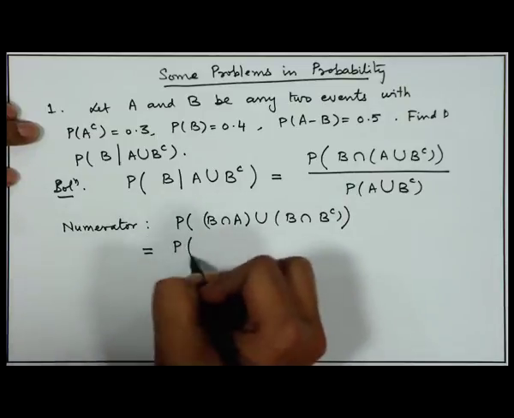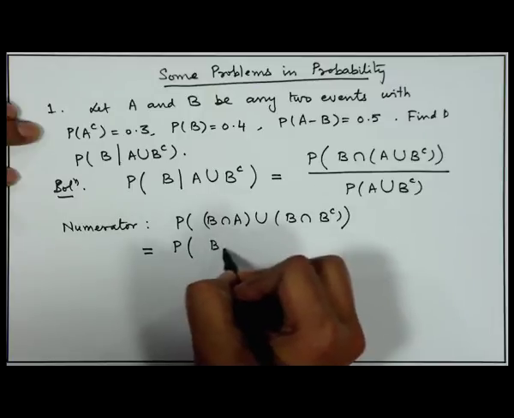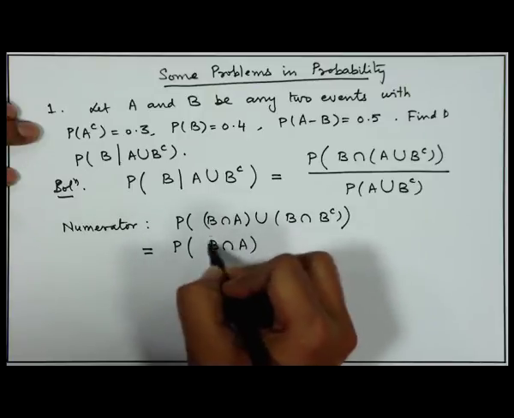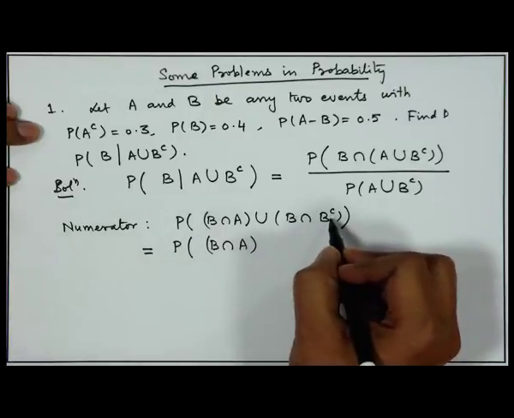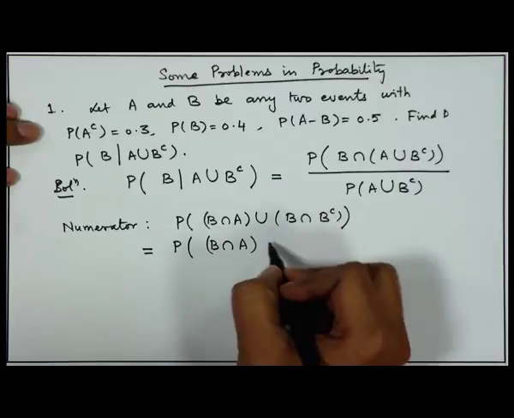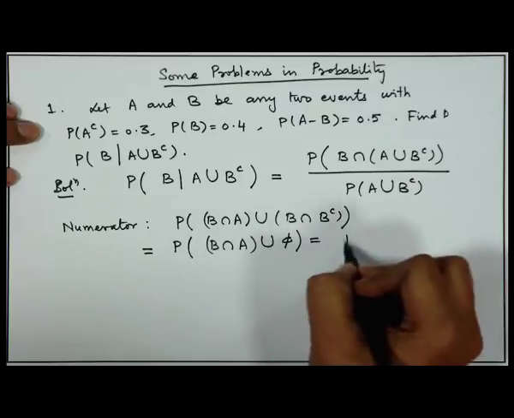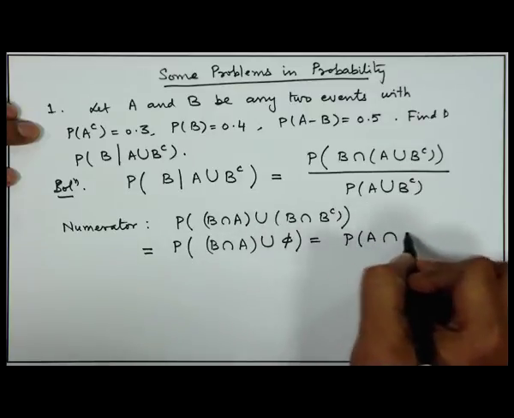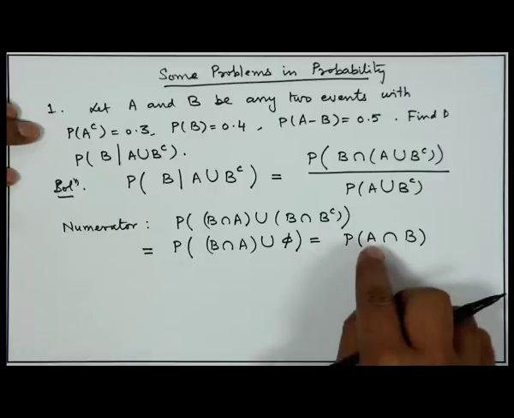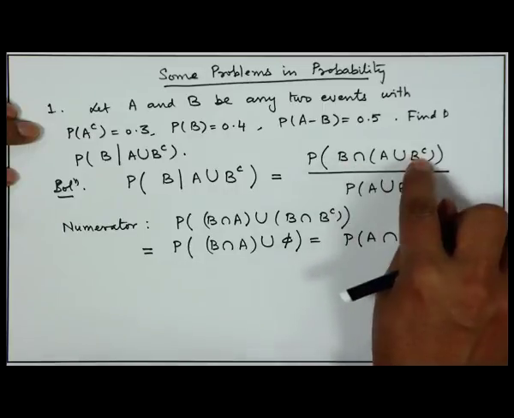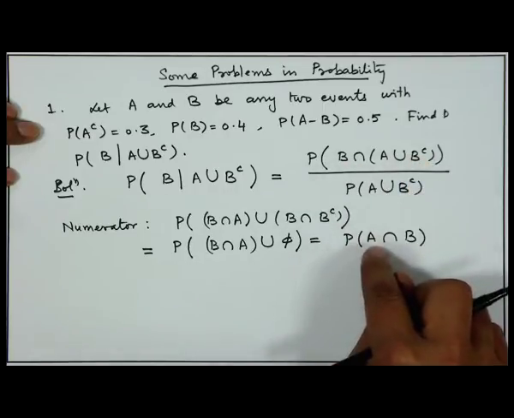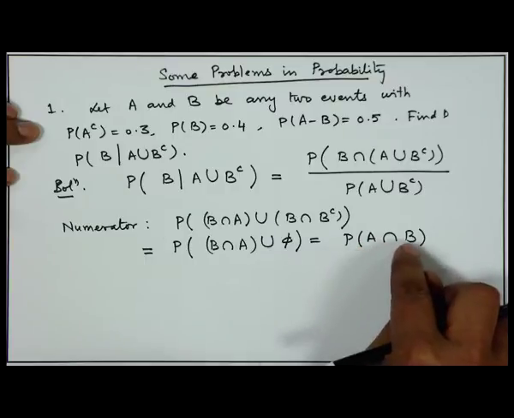So, we get it as B intersection A. Now, B intersection B complement is nothing but the empty set. So, now you are saying this union phi. So, it is nothing but probability of A intersection B. So, that means the numerator probability is equivalent to probability of A intersection B.